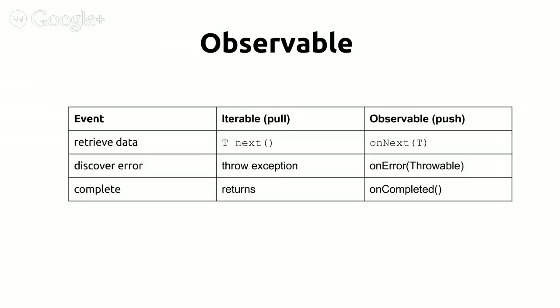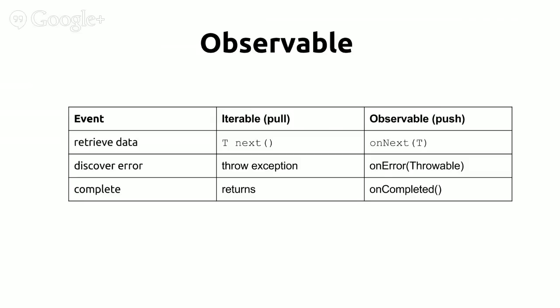You define your behavior, what you're going to do when the Observable is called by the stream itself. When the stream emits a value, it will call your Observable's onNext method instead of you calling the next method on the stream. So it's the opposite around. It will be pushed.